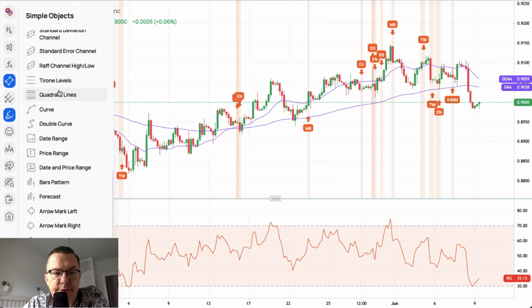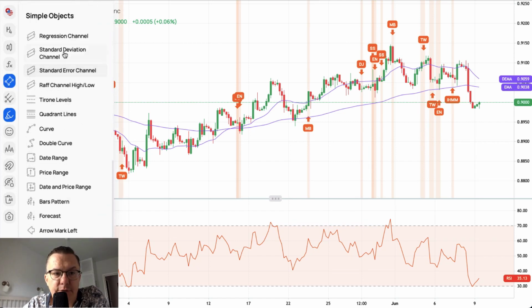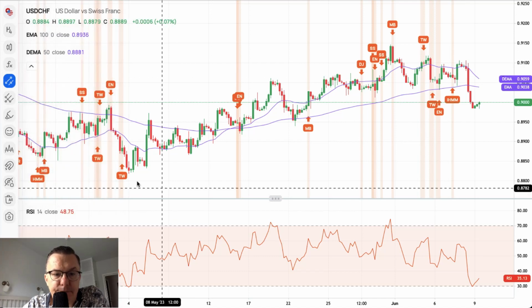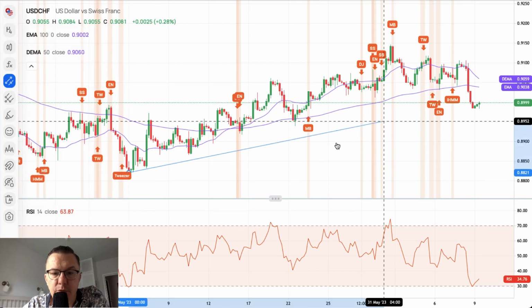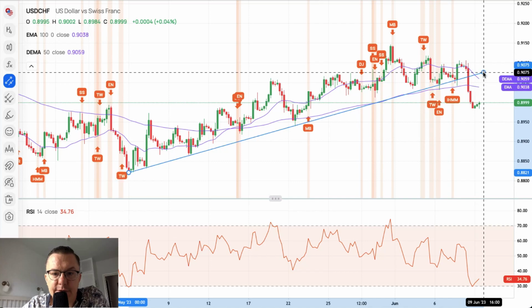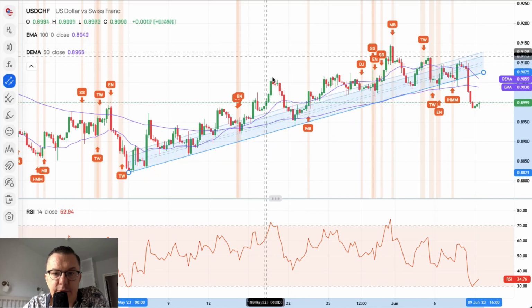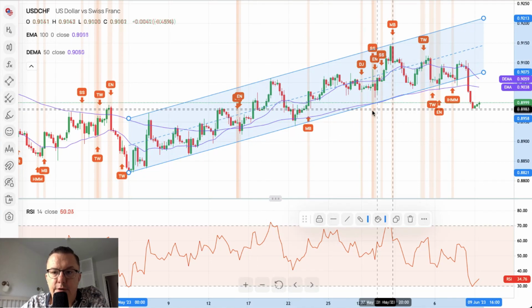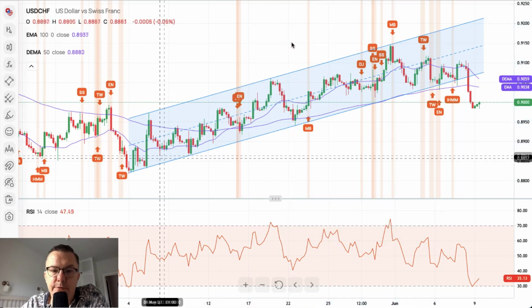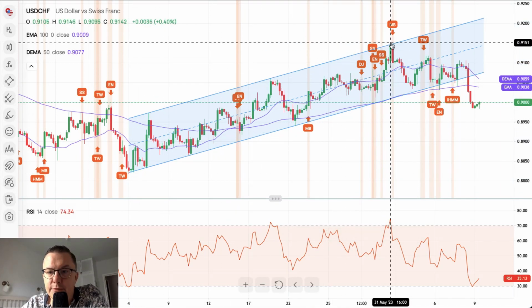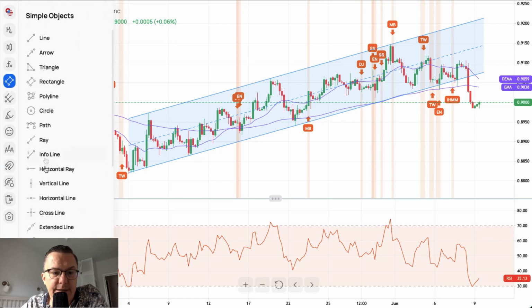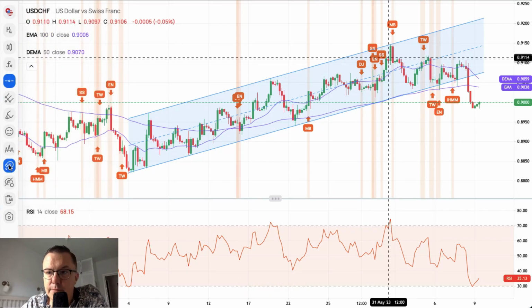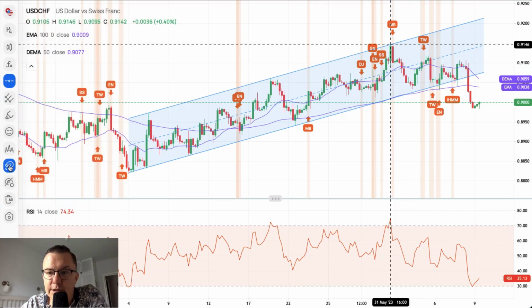A standard parallel channel. So we've been moving inside of this channel for quite some time. As you can see, a very nice channel was done, and then the high was made at the level of 9,146.